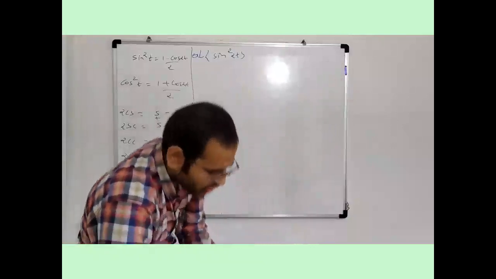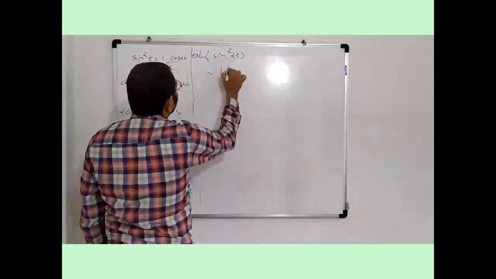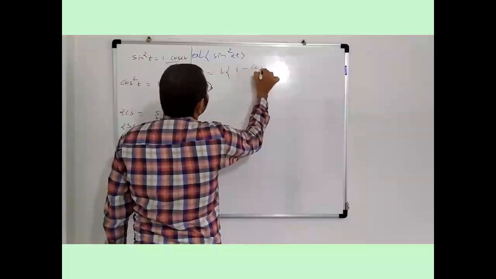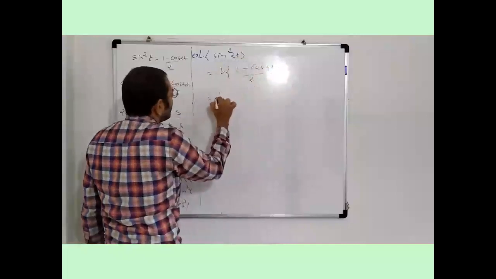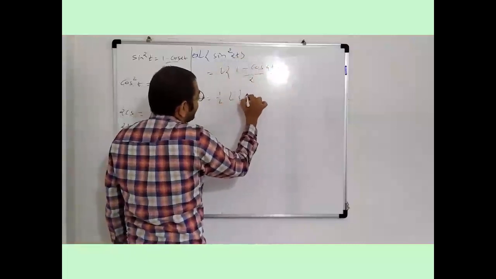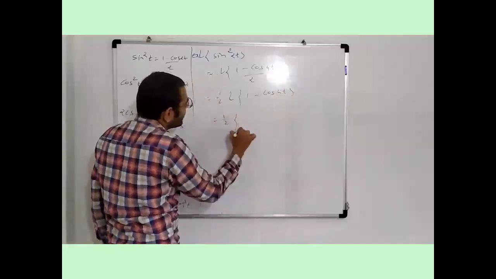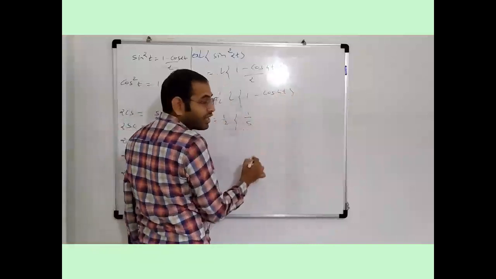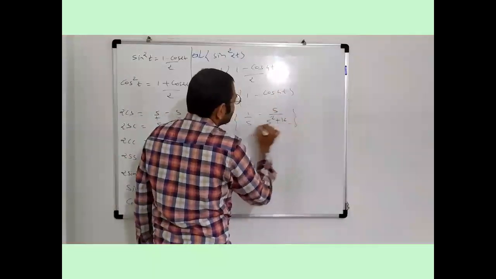Now apply this formula to the Laplace of sine square 2t. We use 1 minus cos 4t by 2. Then we have Laplace of 1 minus Laplace of cos 4t, with the common factor half. According to the linearity property, Laplace of 1 is 1 upon s, minus s upon s square plus 16.